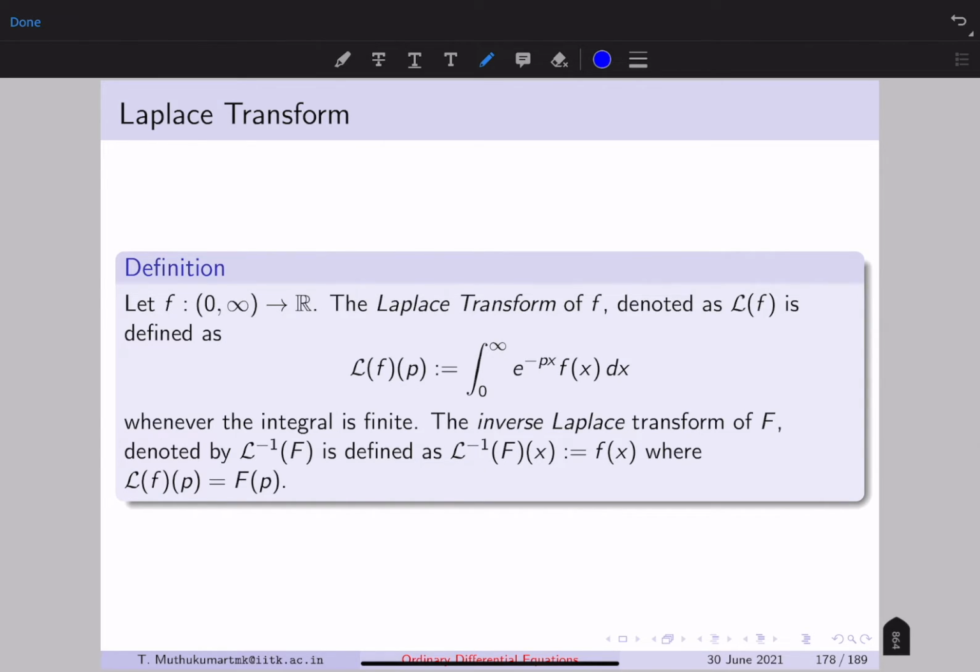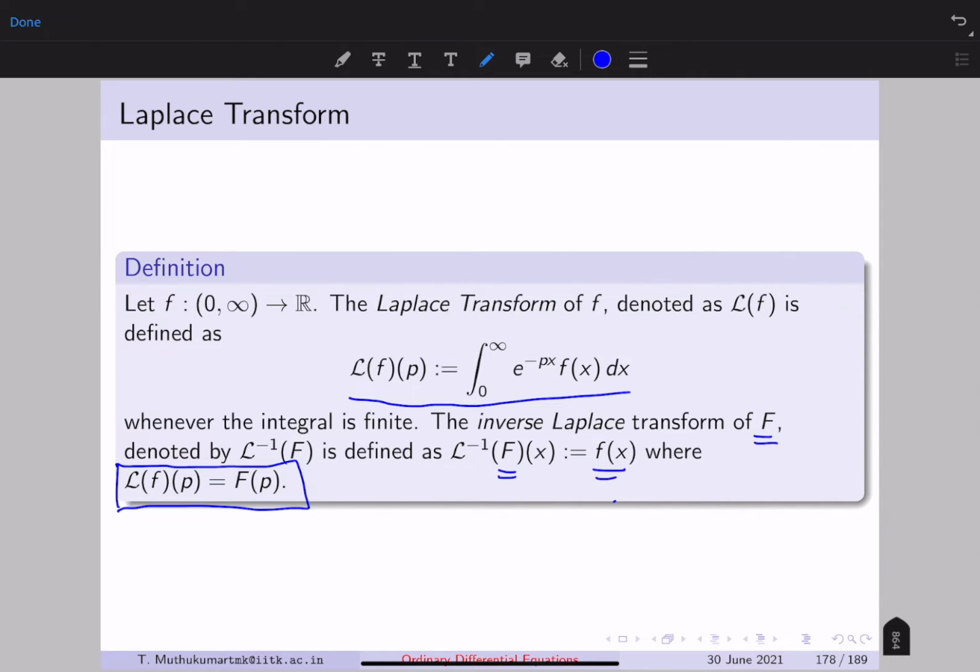What is the inverse Laplace transform? The Laplace transform is given by this integral. There is also a proper definition of the inverse Laplace transform, which is beyond the scope of this course. As of now, as you can guess from the name, suppose you have a function f. The inverse Laplace transform is that function f whose Laplace transform, when you take it, gives you capital F. We'll just define it like this for the time being, because that is what we will use in this course.